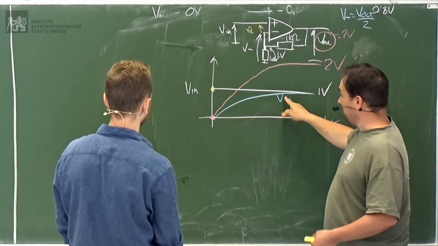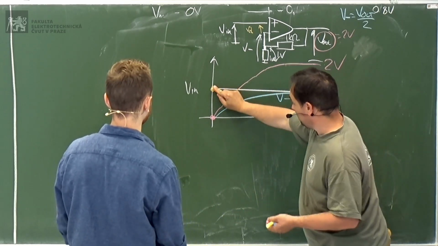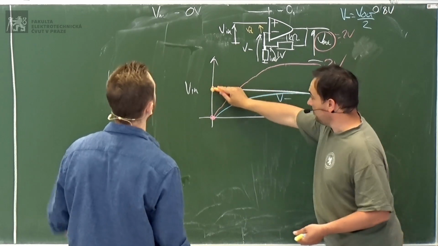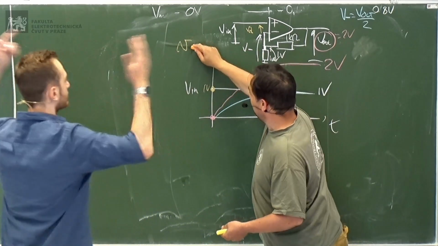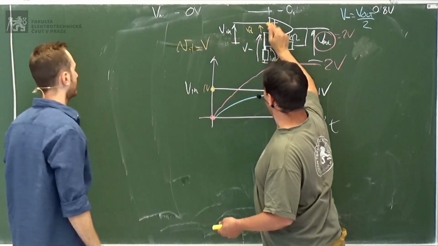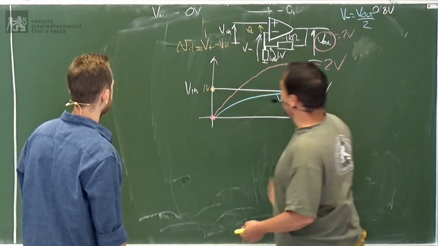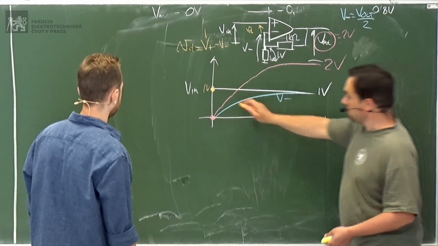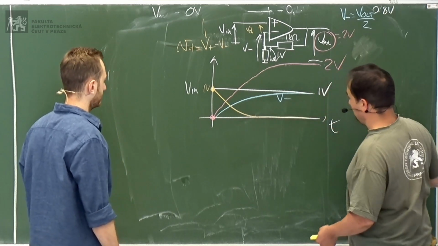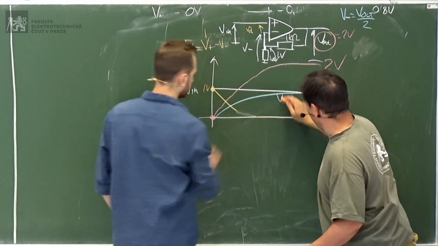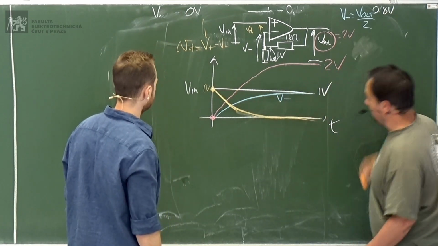It will drop, not climb, because they subtract. VD is V plus, which is always 1, minus V minus. So this drops down until it gets to 0. It will follow this one, going down here. Something like that.